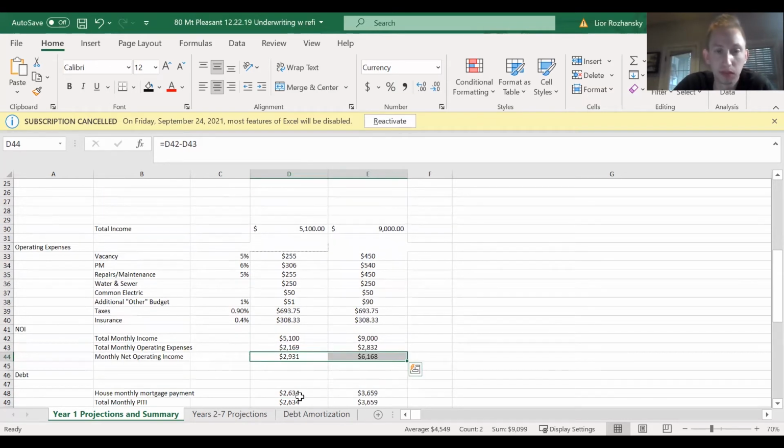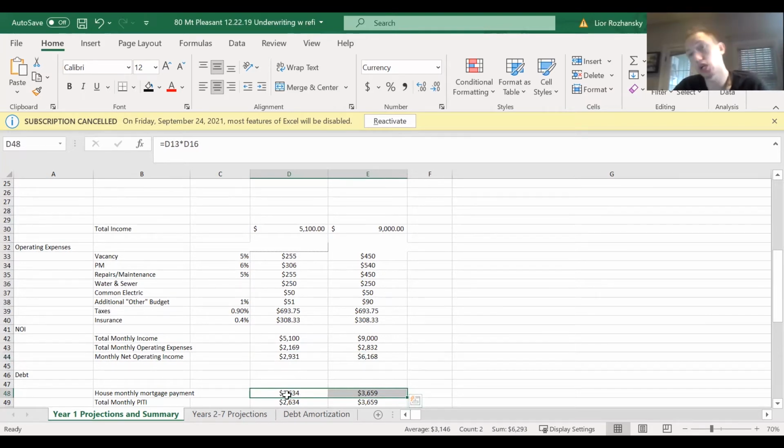Now let's talk a little bit about debt. You'll notice here that I have 2 different numbers for debt. And the reason for that is the way I structure the deals with the community banks is because this is a value add deal where I'm going to be doing a stabilization, right? Where I have quote unquote distressed property that's not performing at its potential. I'm actually able to negotiate an interest only period for the first year.